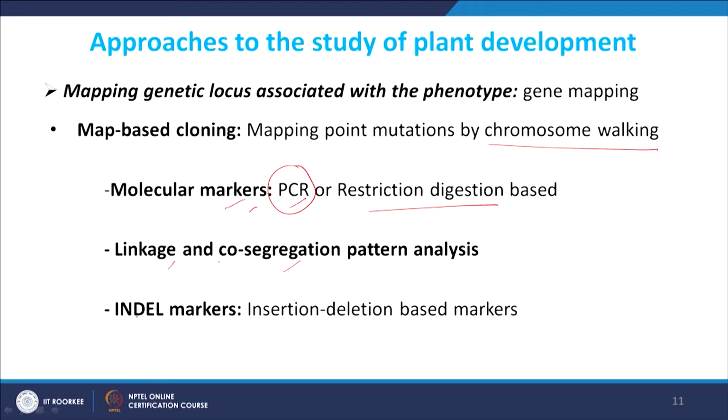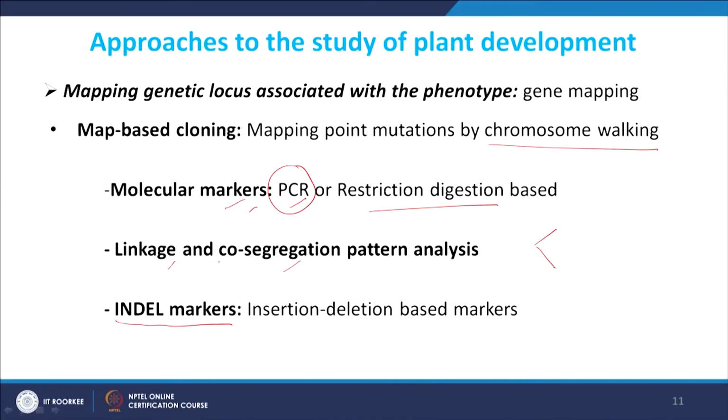One very important marker which is preferably used is the INDEL marker. These markers are produced at the site of insertion and deletion. Basically you can have two kinds of markers, one is dominant markers and another is codominant markers.